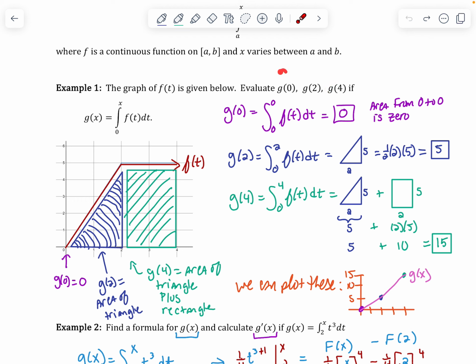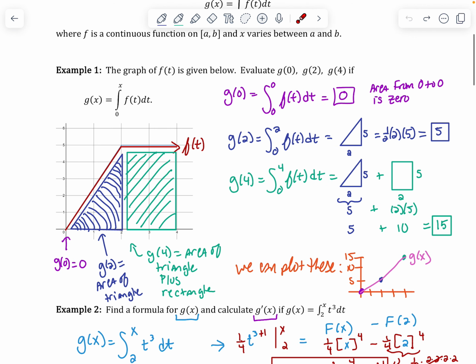So three different problems, A, B, and C. For part A, when I'm finding g of 0, the input variable x has been changed to 0, so I'm integrating from 0 to 0 for my f of t function. I'm going from this point to that point. I'm not covering any distance, and if we look at it as area under the curve, if I don't progress along the curve, I don't gain any area.